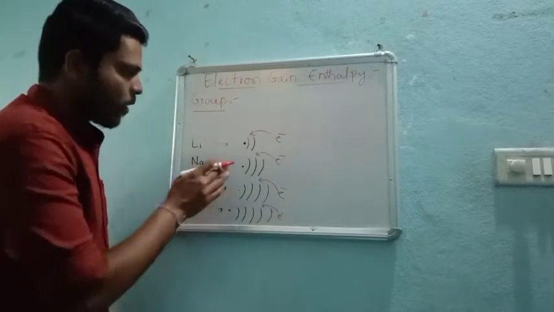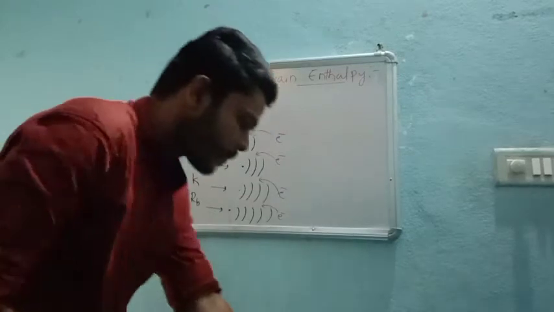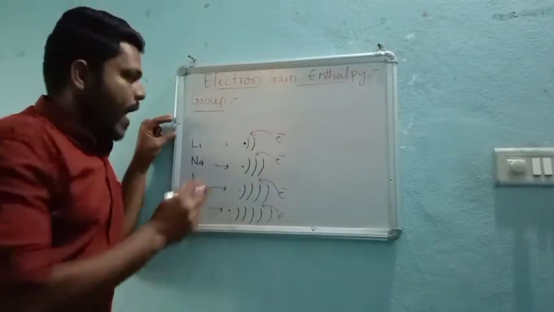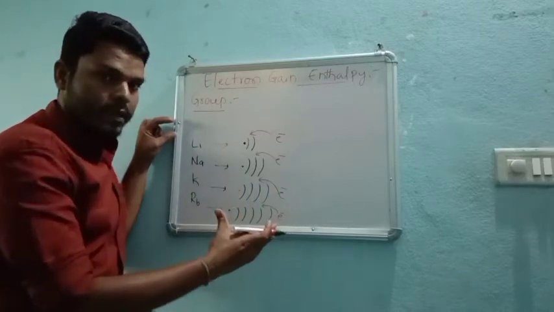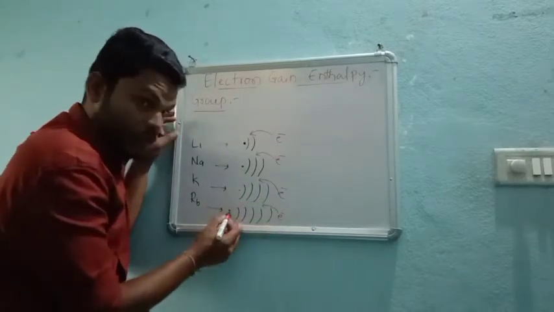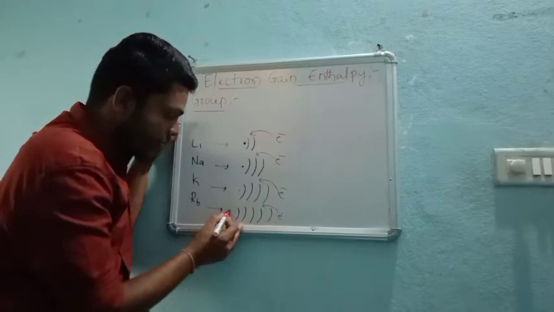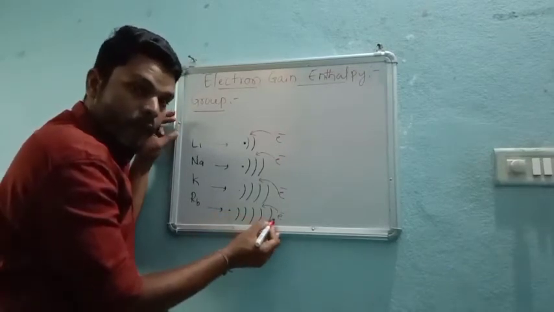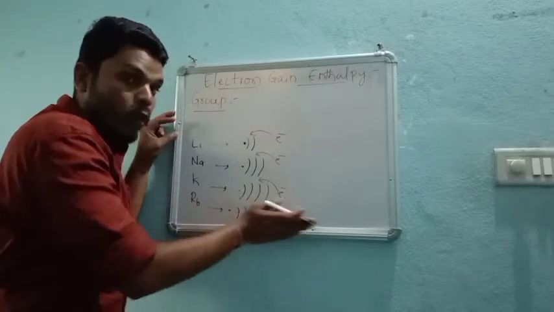So as the size increases, the distance between the nucleus and the valence shell electron is more.